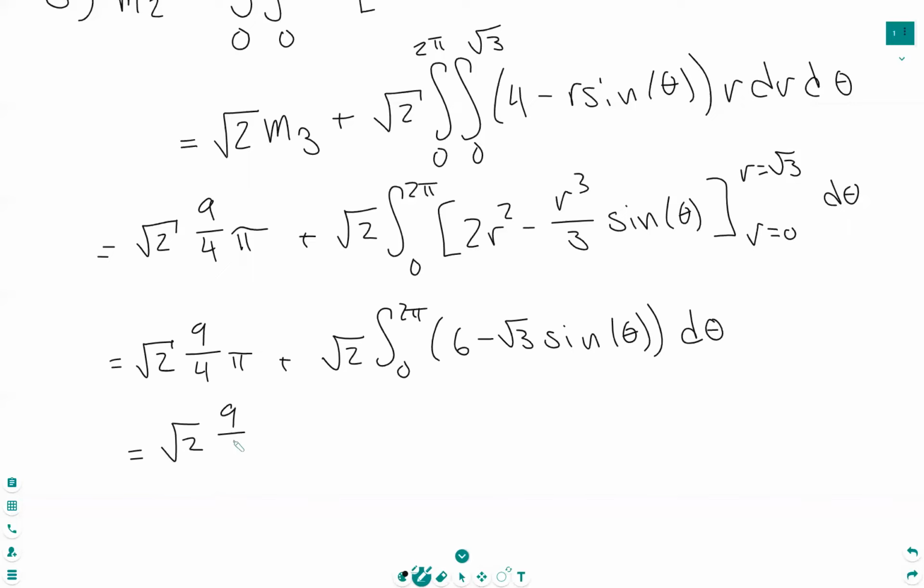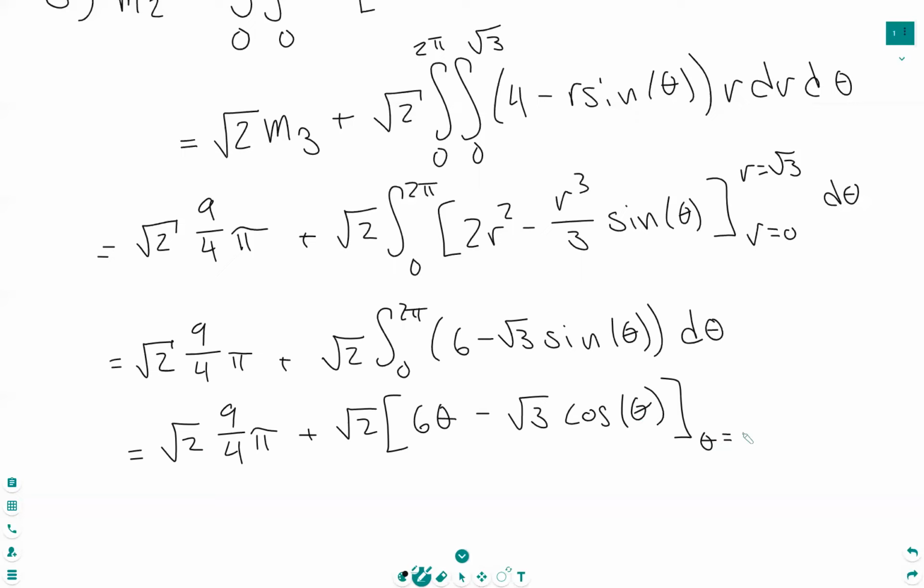Root 2, 9/4 pi plus root 2 times 6 theta minus the square root of 3 cosine theta, theta equals 0 to theta equals 2 pi, and we end up with 57 pi over 4. Oh, and we have a root 2 on the outside there.